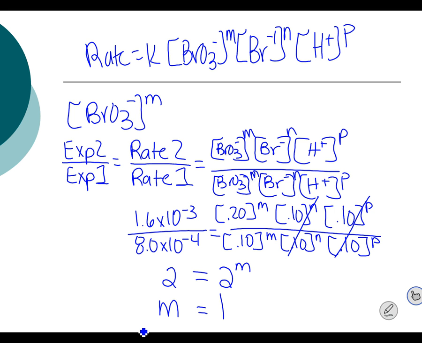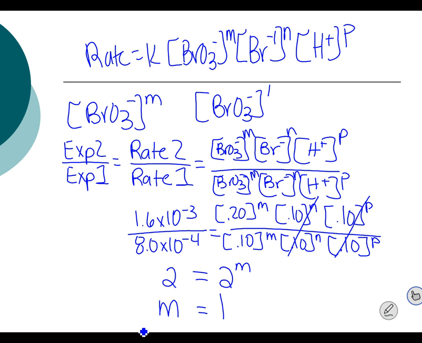And so now we know our order of our reaction. Our order for our bromate is no longer unknown. Our bromate is now first order. We have figured out one of them. For our bromide, we're going to go ahead and do the exact same thing.